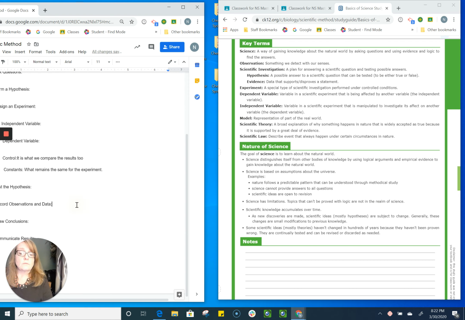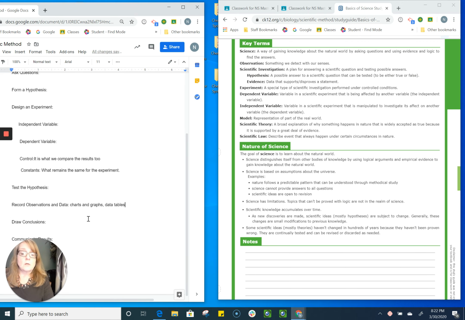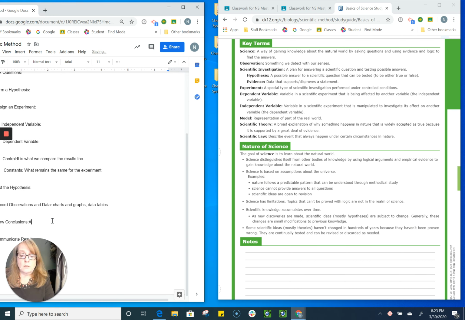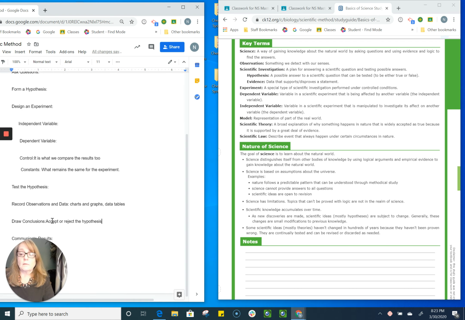This here could be in the form of charts and graphs, sometimes called data tables. It's however you record your information. Draw your conclusions. That is where you're going to either accept or reject the hypothesis, okay? And I've kind of talked to you about communicating results.